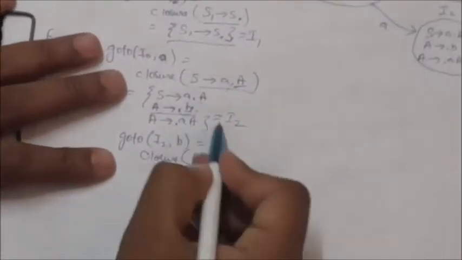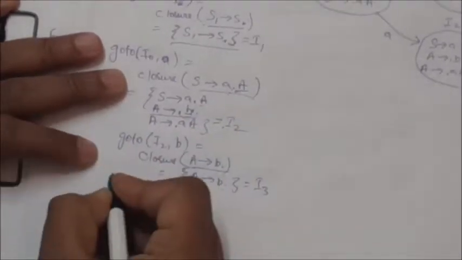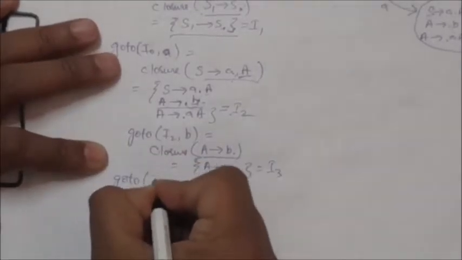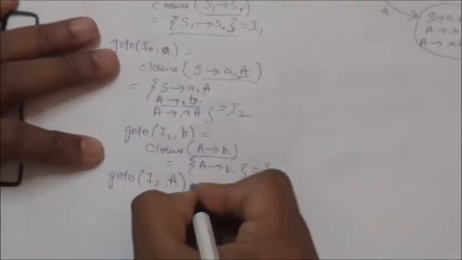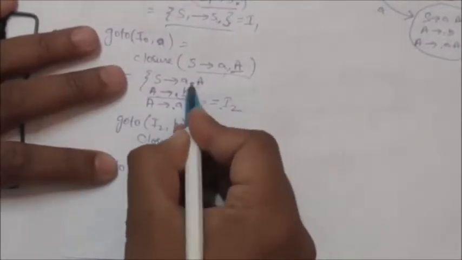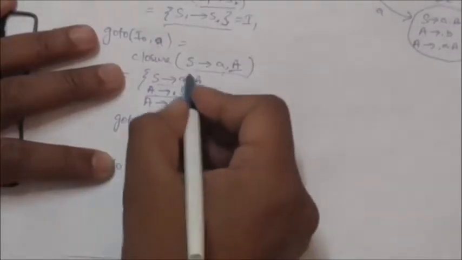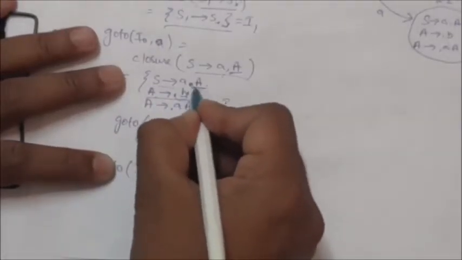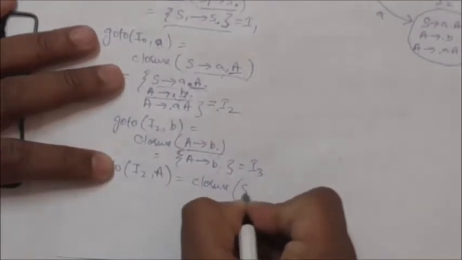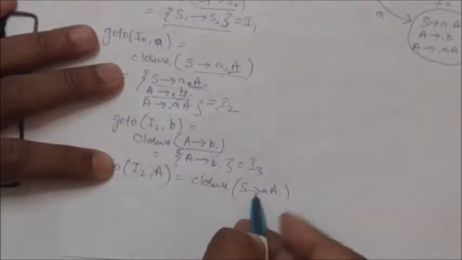Similarly for I2 state we will find the transition for non-terminal symbol A. So for that I'll find goto I2, A. In this case the dot is preceding this non-terminal symbol A in this LR0 item. So we will shift that dot after the non-terminal symbol A, then we will get this item as derives A dot. Now we have to find its closure.